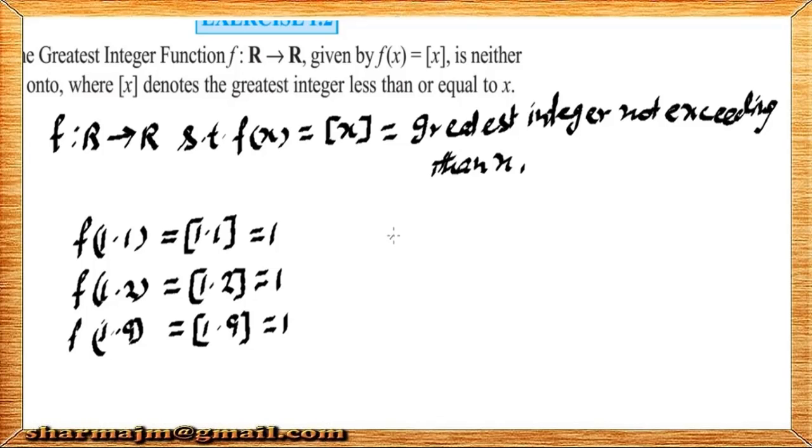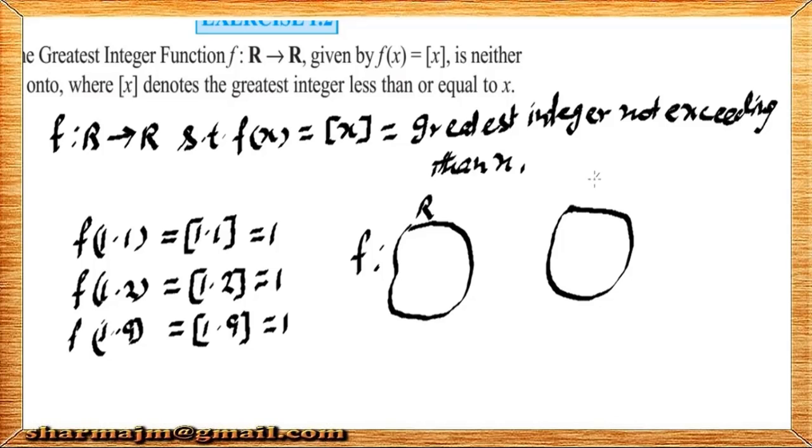So you see f is a function and the real line, that is set of real numbers, is domain, and here codomain is also set of real numbers. Now here if you have 1.1, 1.2, 1.9, their images are not different.